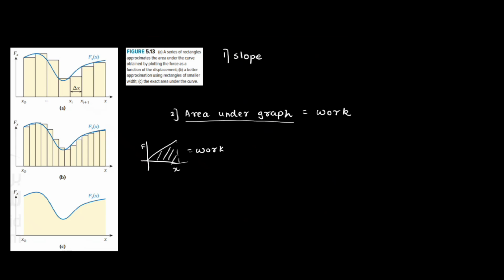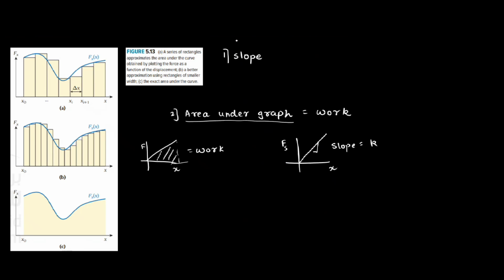Now, if this was the case of spring force, if the force involved here was spring force, so we write F and x, and if this force was spring force, the slope of the graph will give you the spring constant k.